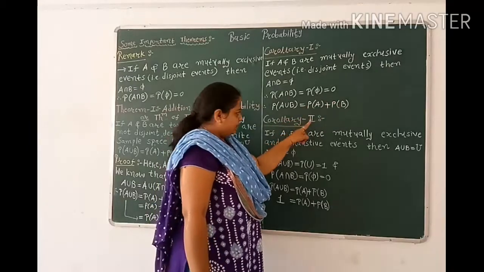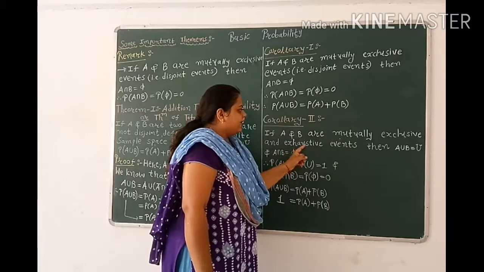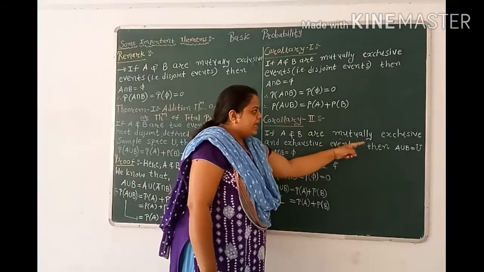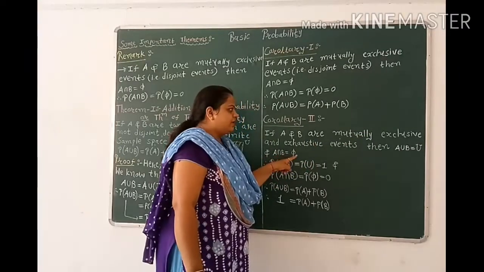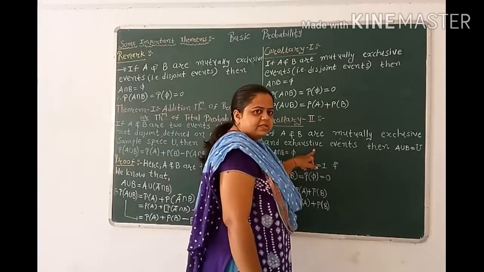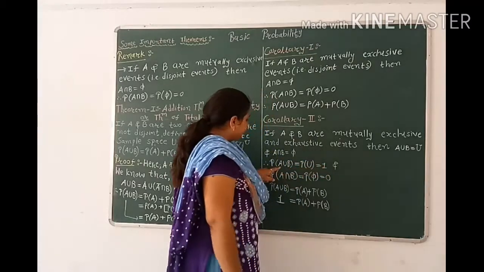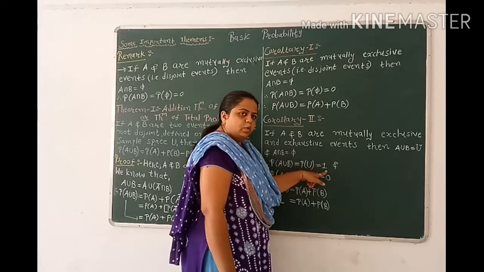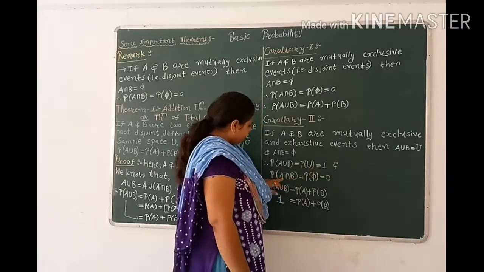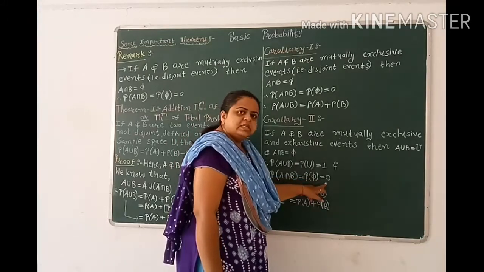Now the second corollary. If A and B are mutually exclusive and exhaustive events, then A union B equals U and A intersection B equals phi. Exhaustive events means that at least one event occurs. So P of A union B equals P of U equals 1 and P of A intersection B equals P of phi, which equals 0.